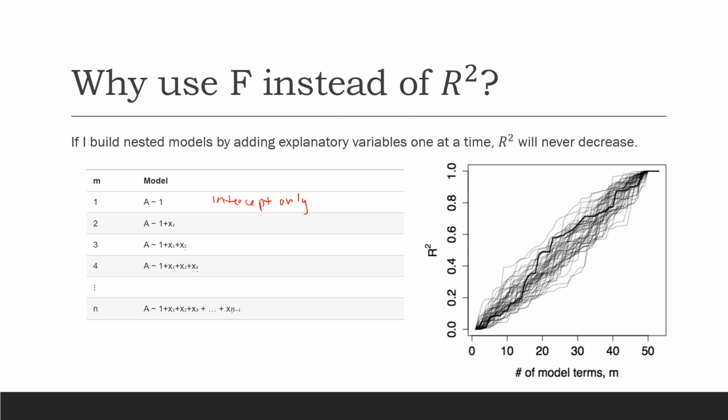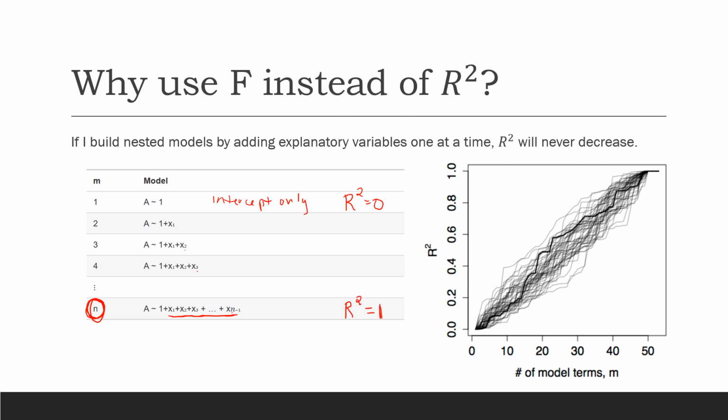And this one is including just as many explanatory variables as my sample size. Now it turns out, remember, when we have an intercept only model, because there are no explanatory variables, my r squared is 0. If I include an explanatory variable for every case in the data set, I end up fitting a model that perfectly predicts the responses.